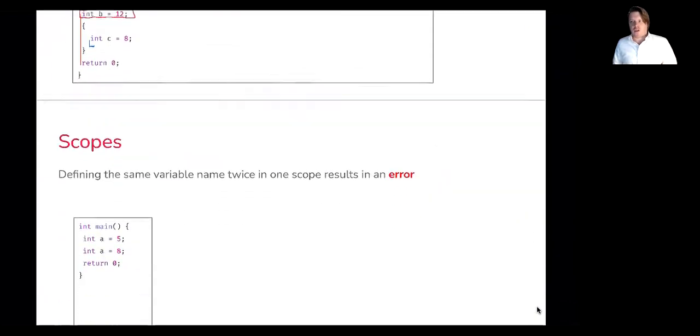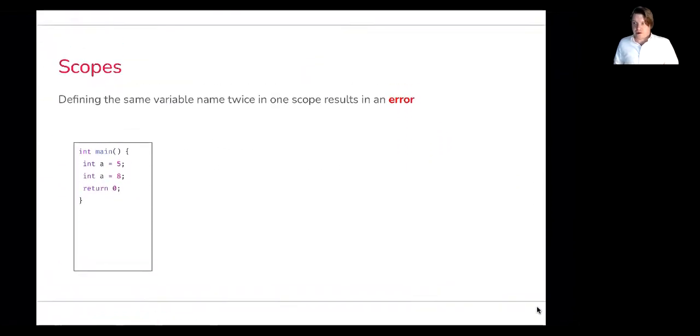Now, you are able to have variables with the same name as long as they're in different scopes. And it's totally okay to do this, though it's probably not a fantastic idea if you're using names like i, as it can get confusing if you're not careful with how you do it. But one thing that the compiler will not allow you to do is declare a variable name twice in the same scope.